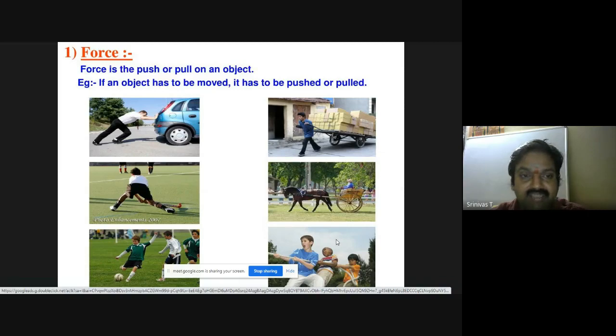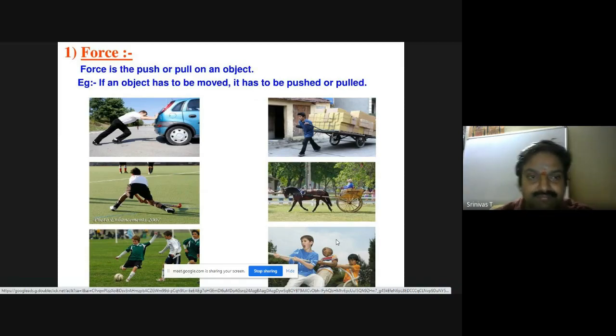In the first case, he is pushing the car. In the second and third cases also, they are pushing the balls. And in the second column, you can see the pulling part, in different ways in which pulling can be employed. In the tug of war, one side is pulling. So this push or pull is the basic definition of force.